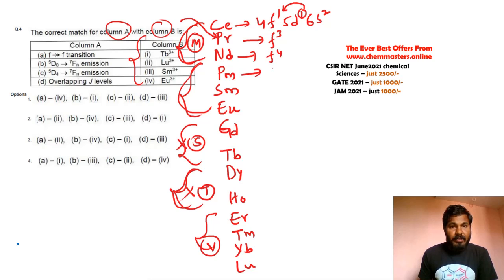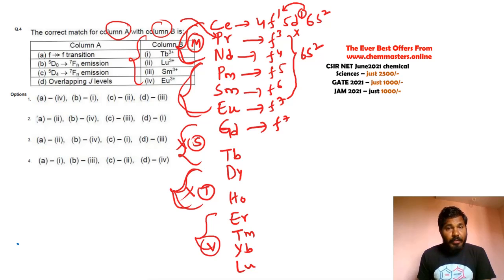Then promethium f5, samarium f6, europium f7 and gadolinium f7. But from f3 to f7 of europium, they do not have an electron in the d orbital, so simply 4f followed by 6s2.